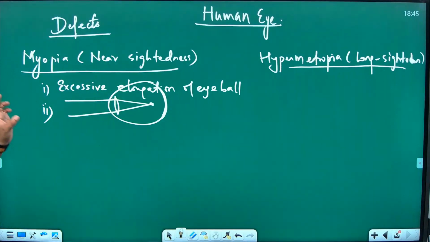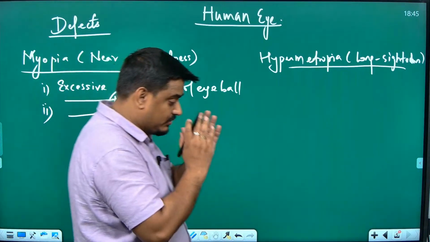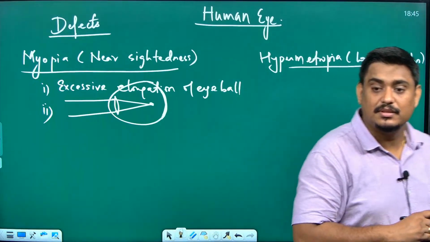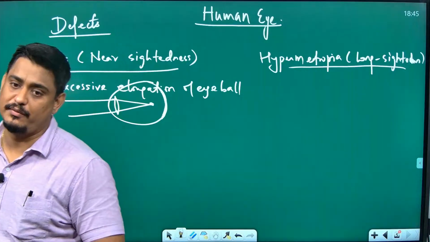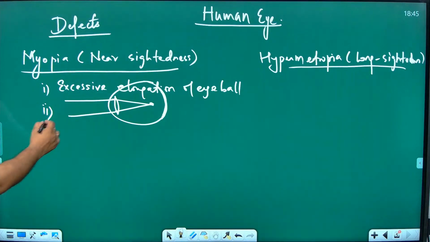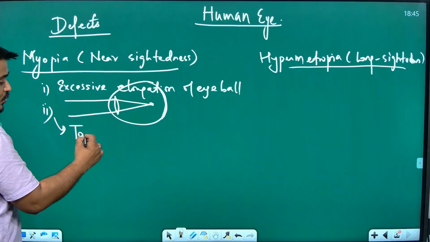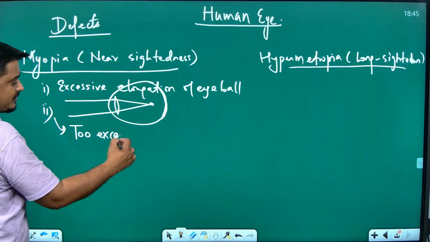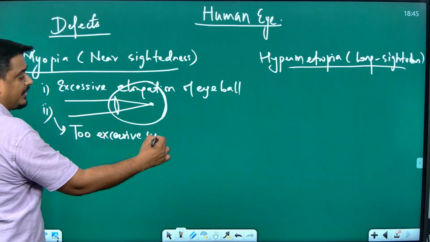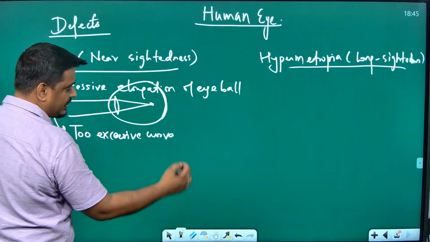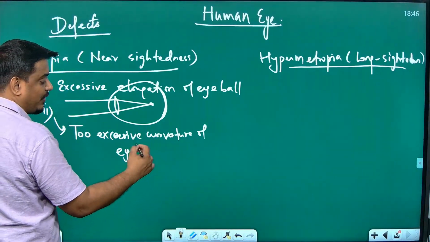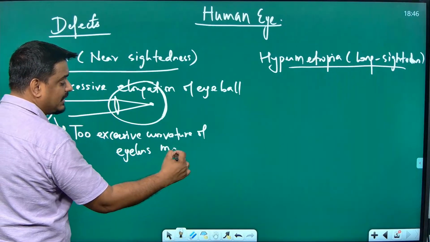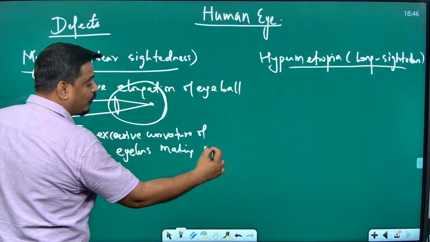Second reason can be there. Sometimes the eye lens can have too much curvature, making a shorter focal length. Second reason can be excessive curvature of eye lens, making focal length shorter.